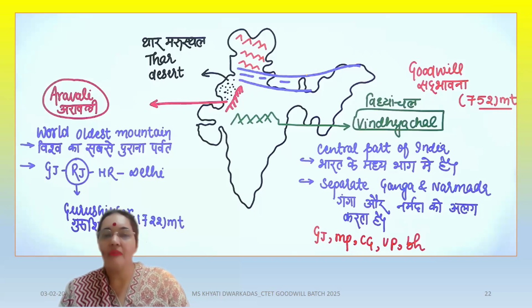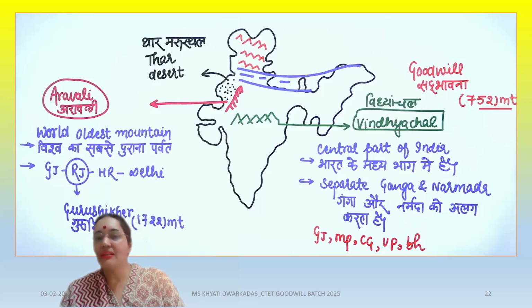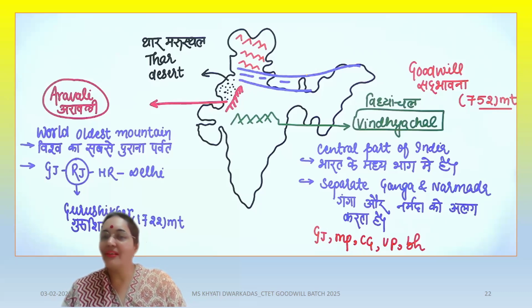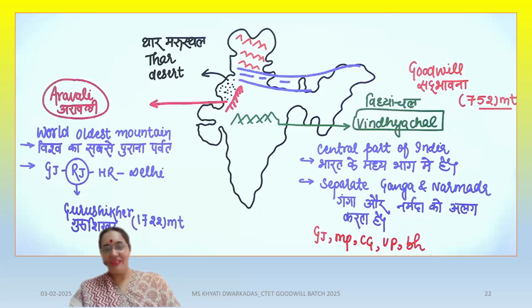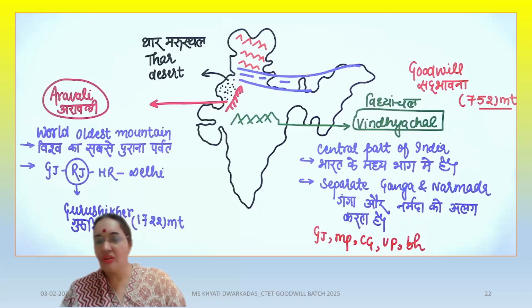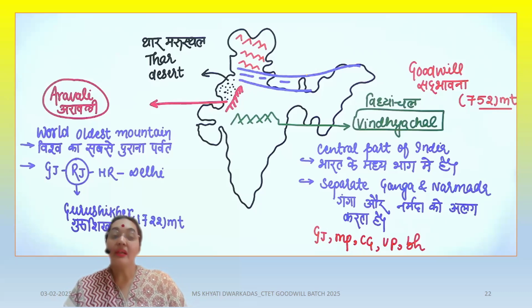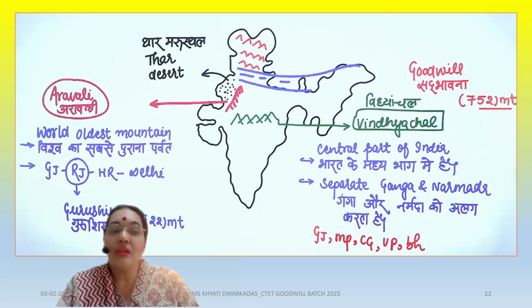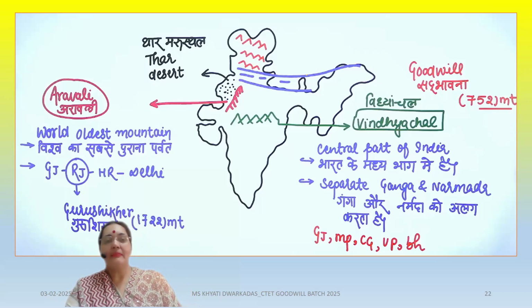The states of the Vindhya range are Gujarat, Madhya Pradesh, majorly Madhya Pradesh, touching a little tip of Maharashtra, Chhattisgarh, Uttar Pradesh, and Bihar.